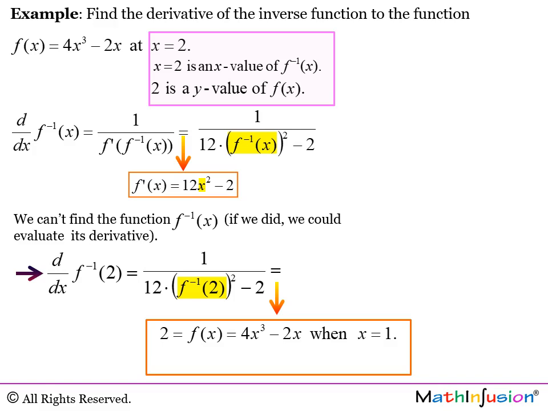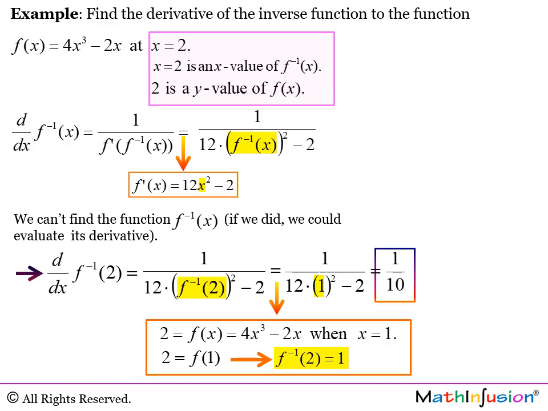We are trying numbers, and we find out that when x equals 1, f of 1 is 2. Now it's clear that the inverse function at x equals 2 equals 1, because we are just switching between the x's and the y's.